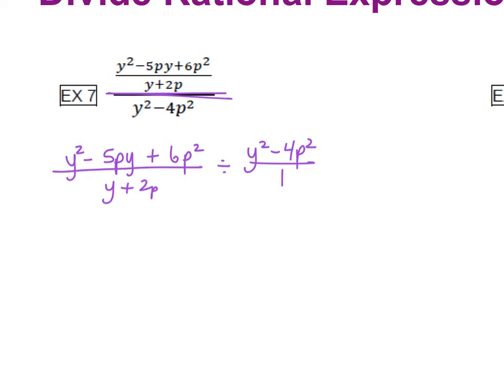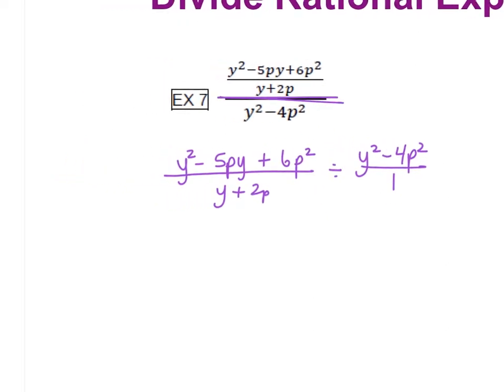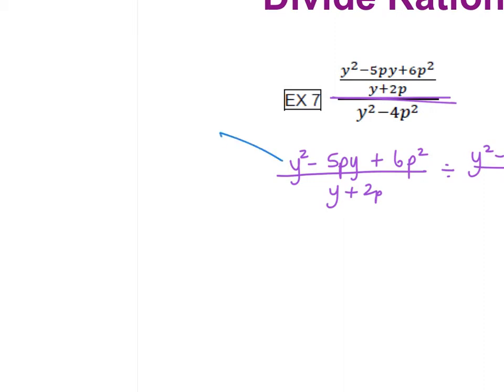All right, so anytime there's a problem like this, you want to factor everything, then we will flip and multiply and see what cancels. So first thing I'm going to look at is this y squared minus 5py plus 6p squared. Our first terms have to multiply to y squared, so y times y. And our second terms have to multiply to 6p squared.